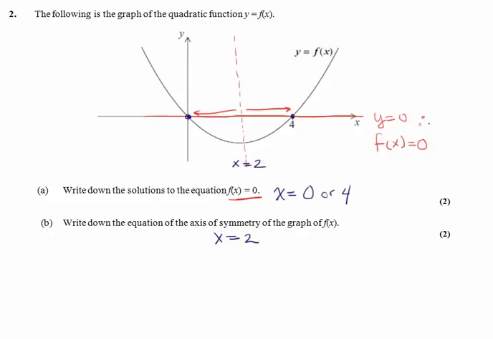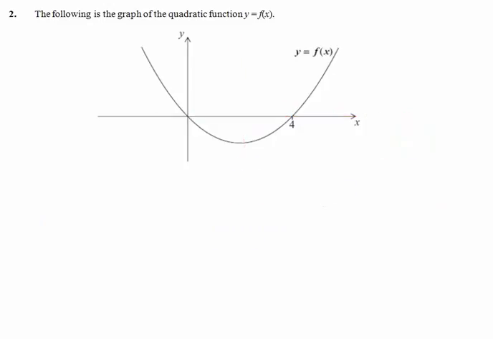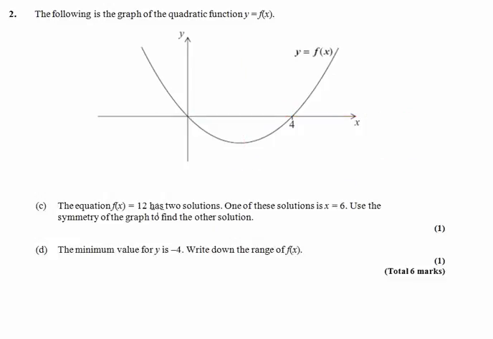Next, we have part C and D. Now it says the equation f of x equals 12 has two solutions, and one of those solutions is 6. And when we think about it, what does it mean that it equals 12?